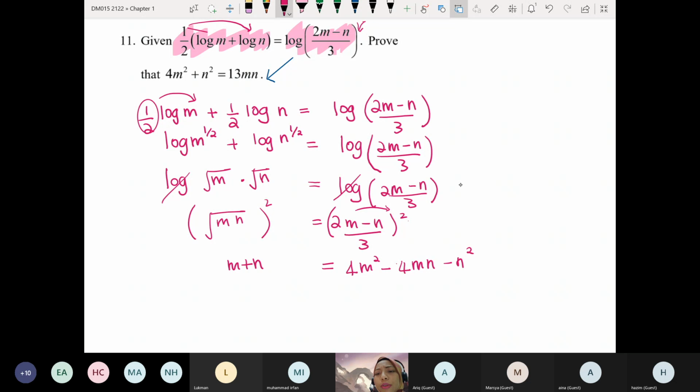Over with 3 squared, so 9. So 9 you bring to the left.